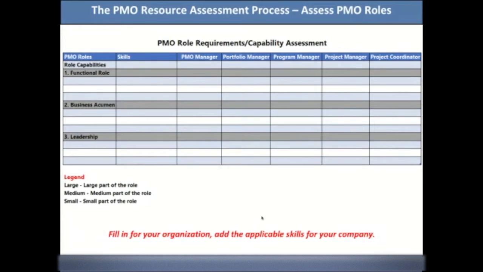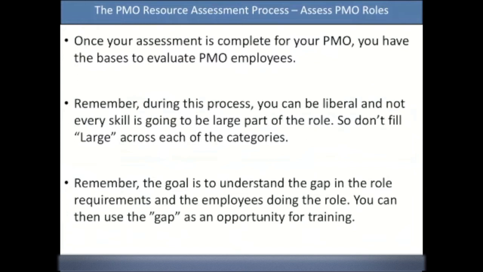So what you're doing here, once you have that assessment done, is basically setting the foundation for how much these particular roles do these areas. So you've got that baseline, you've got that area, right? And remember, you can be liberal. Not every skill has to be large.